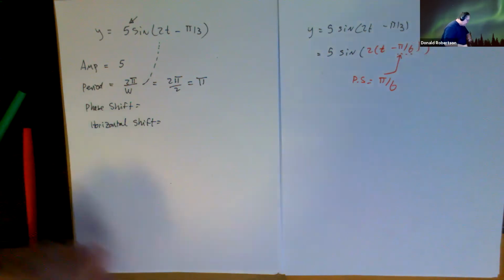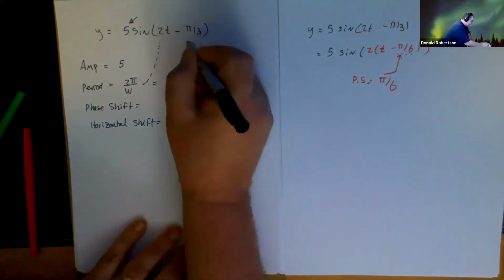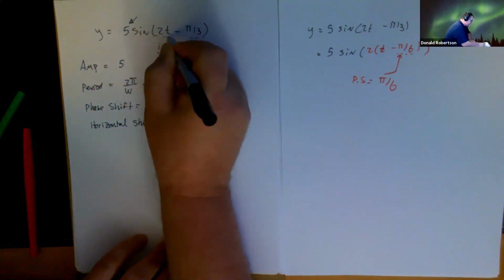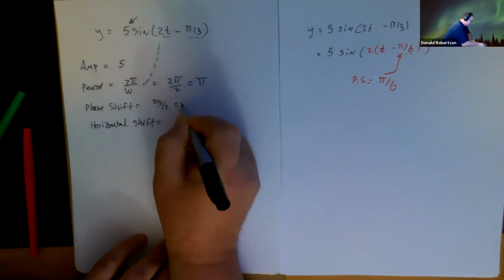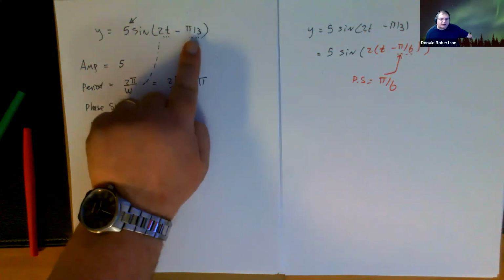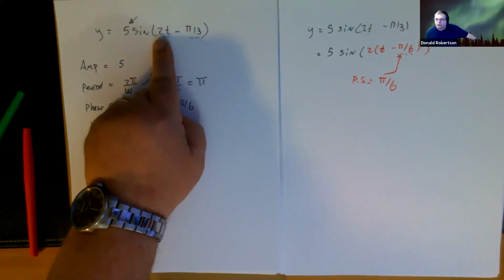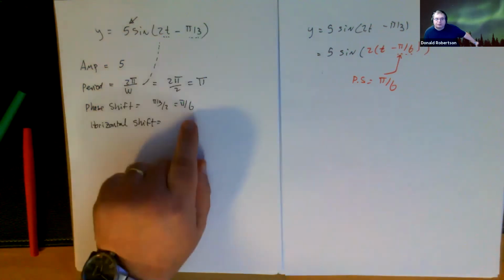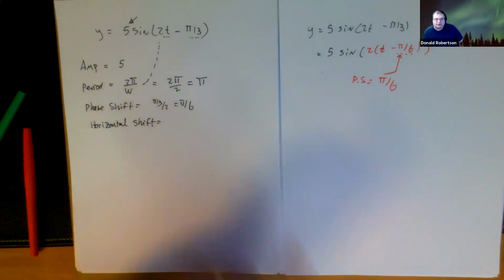The other one is a formula. You take this guy and you divide it by this guy. Do you notice that they're both pi upon 6? So you take this fella here and you divide it by the coefficient of t. So pi upon 3 divided by 2 gets you pi upon 6, and that's the phase shift.